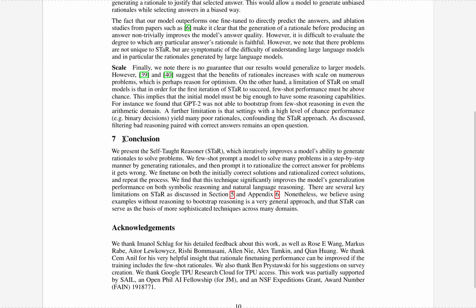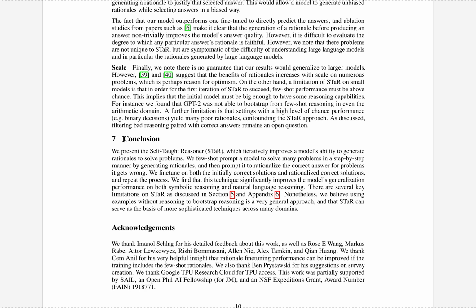Scale. Finally, we note there is no guarantee that our results will generalize to larger models. However, 39 and 40 suggest that the benefits of rationale increases with scale on numerous problems, which is perhaps reason for optimism. On the other hand, a limitation of STaR on small models is that in order for the first iteration of STaR to succeed, few-shot performance must be above chance. This implies that the initial model must be big enough to have some reasoning capabilities.